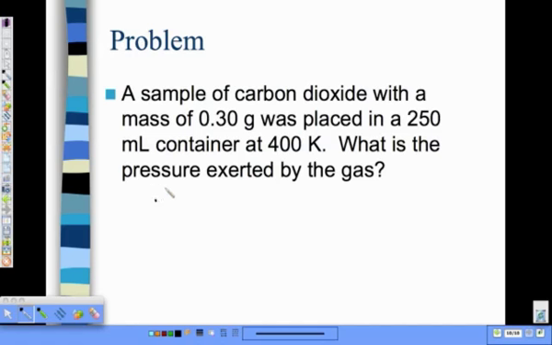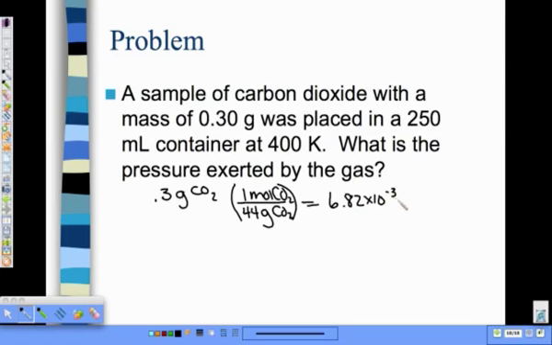So 0.3 grams of CO2, we're going to convert that to moles. 12 plus 16 times 2 is 44 grams, which equals 6.82 times 10 to the negative third moles.